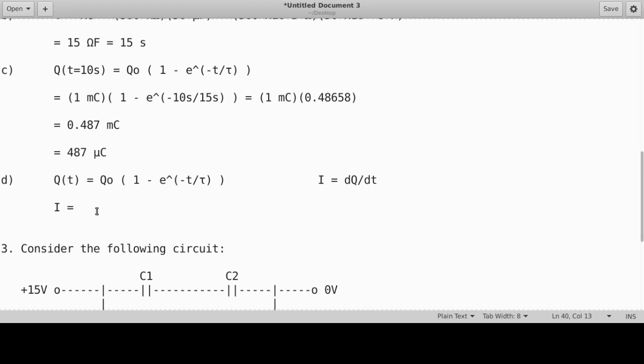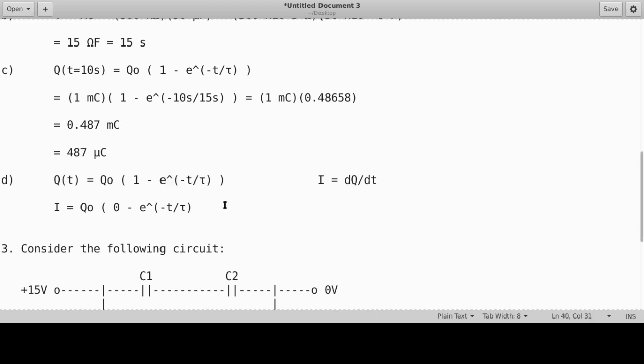If you differentiate this, how does it work out? Well, you get the Q naught there. Okay, great. That's out in front. And then you differentiate this. Now, if you differentiate this right here, what do you get? Well, what's the derivative of 1? 0. Okay. And minus, and what's the derivative of this? Well, the derivative of the exponential is the exponential back again.